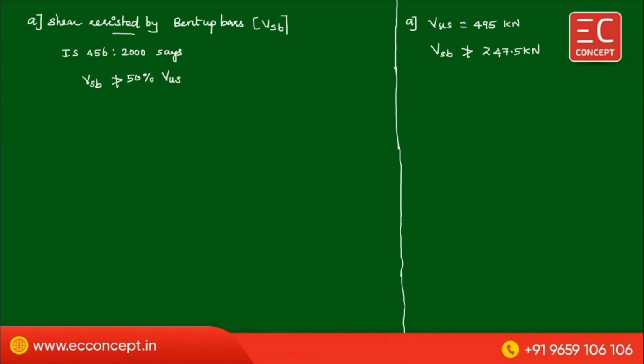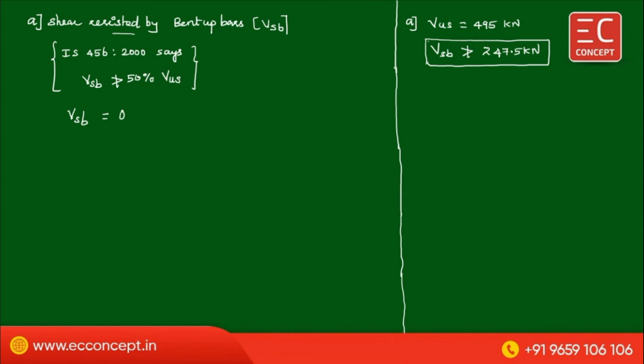You have to design the shear reinforcement under bent up bars with a maximum of 247.5.